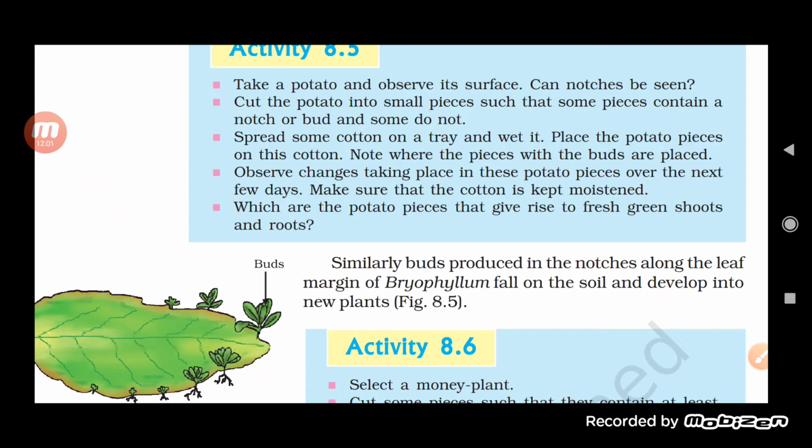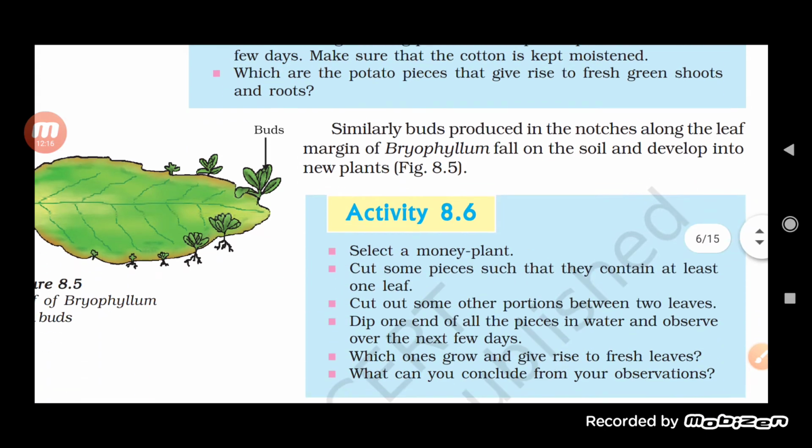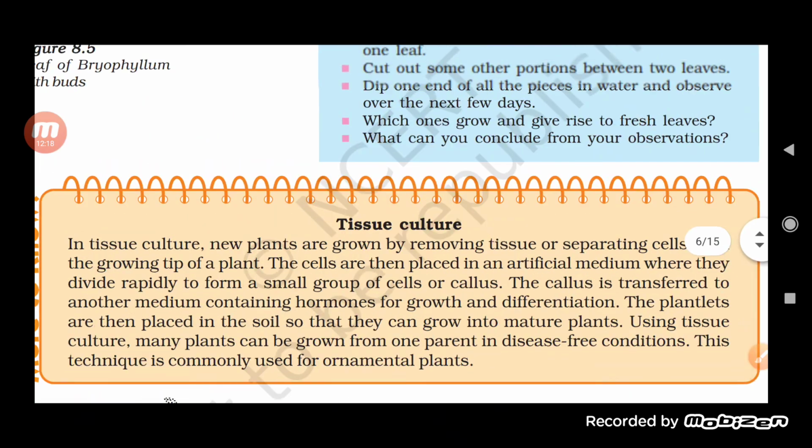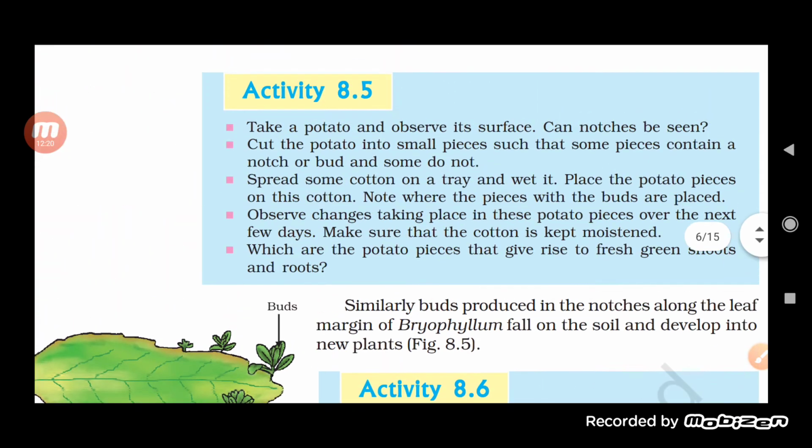When you look at the surface of the potato, you will find that the notches are there. Notches are those portions from where the stem starts coming out. You will find in the potato there is a small depression, which is called a notch.